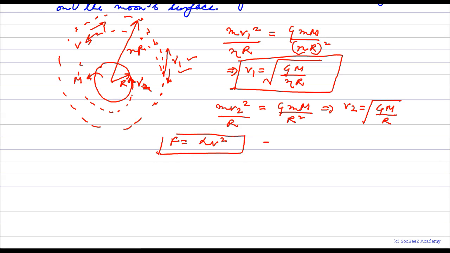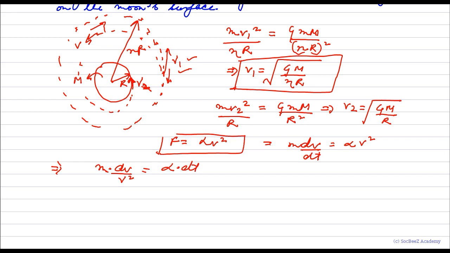This force can be written as m dv/dt, which is given as αv². So this can be written as m dv/v² = α dt.